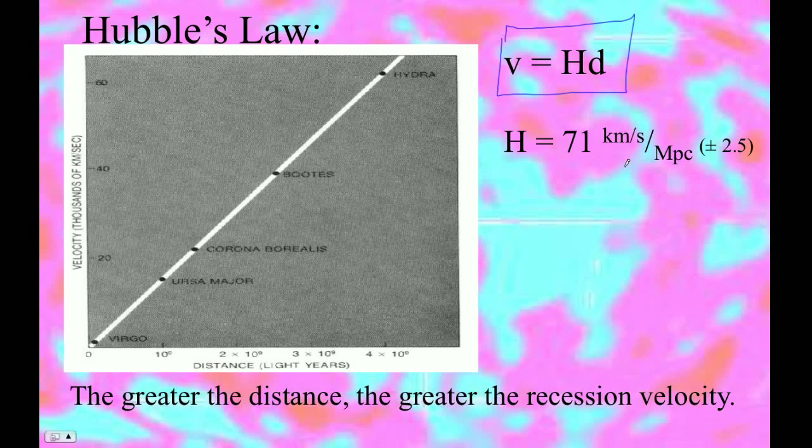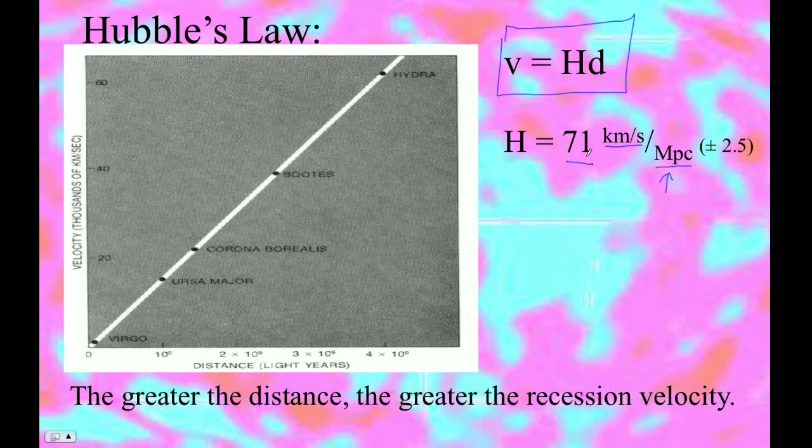And then we think that the Hubble constant is about 71 kilometers per second of recession velocity per megaparsec of distance. Remember, a parsec is a long, long way. This is millions of parsecs. So if you were to look at some object a million parsecs from us, it would be receding at 71 kilometers per second.